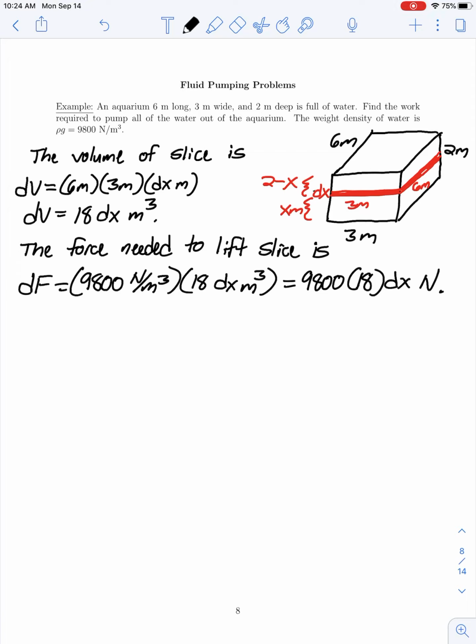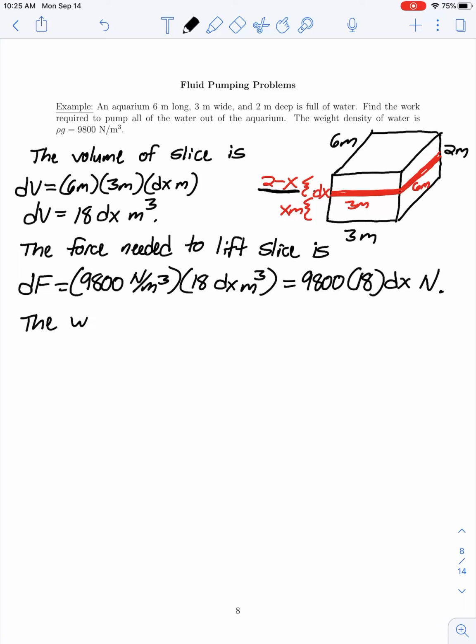So in order to determine the work needed to lift this slice to the top of the tank, we would take the force needed to lift the slice and multiply by the distance it has to travel, which is 2 minus x meters, from the height at which we took our slice to get to the top edge of the tank.